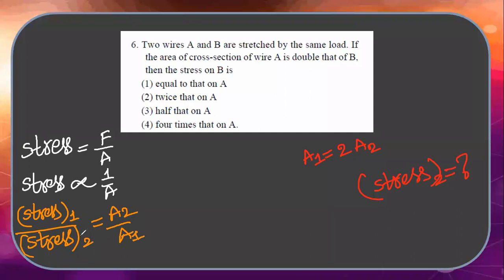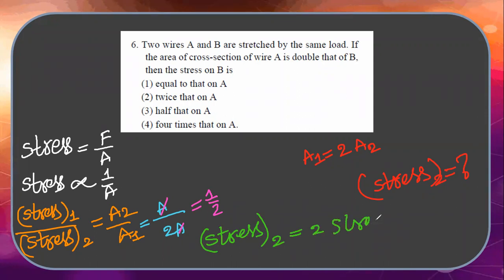So stress in the first case divided by stress in the second case is equal to A2 by A1. A2 is taken as A and A1 is taken as 2A. A and A get cancelled in numerator and denominator. That will be equal to 1 by 2. Then the stress in the second case is equal to 2 times the stress in the first case.